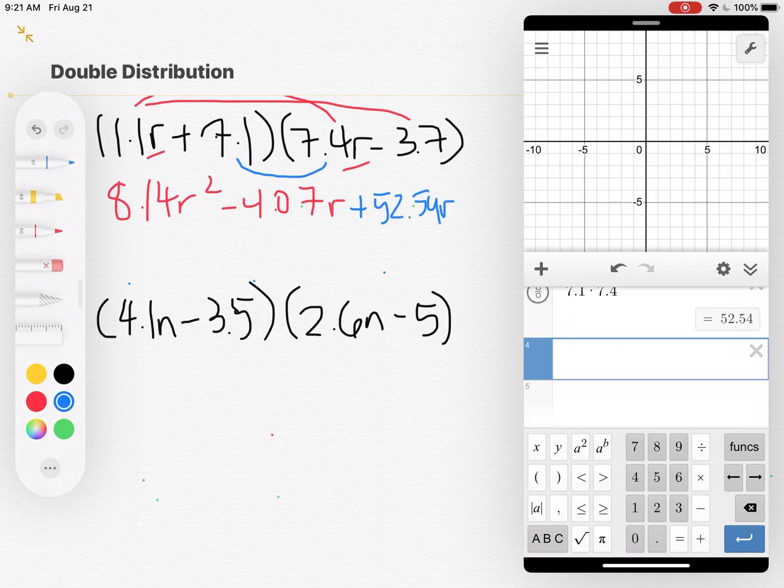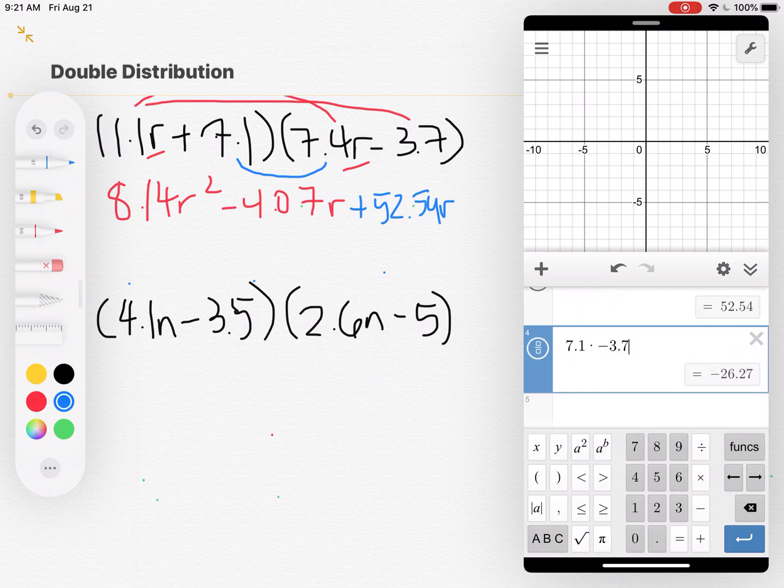And then last but not least, 7.1 times negative 3.7 is negative 26.27. I've been writing kind of big, so I ran out of room. Sorry about that. Let's finish this off.